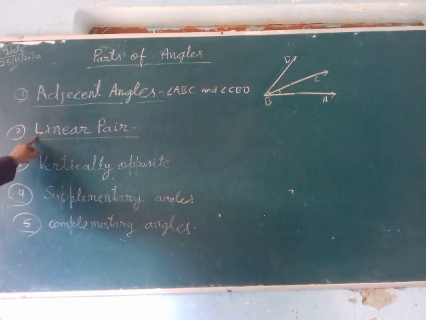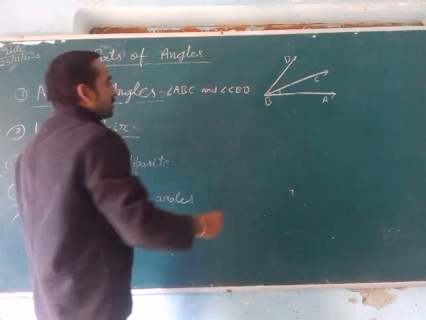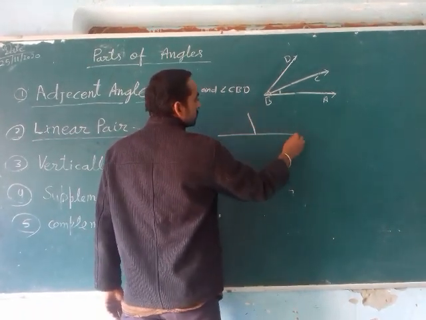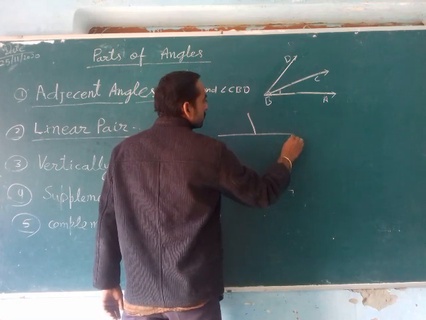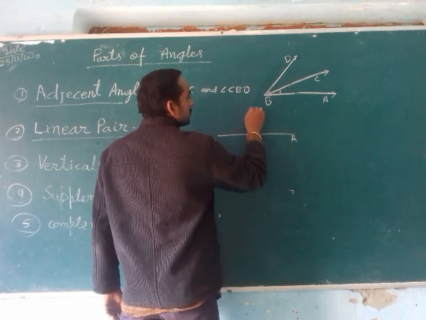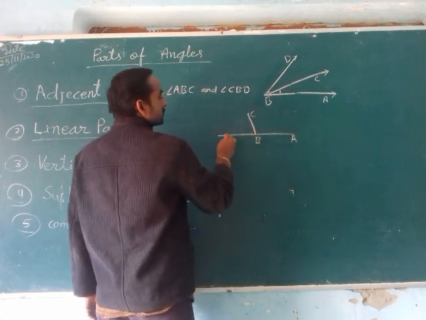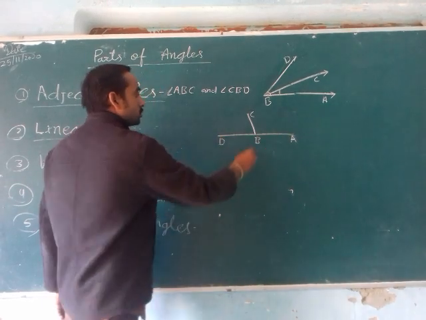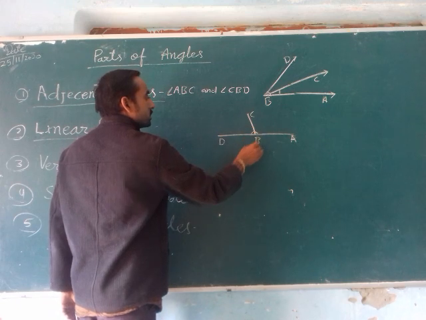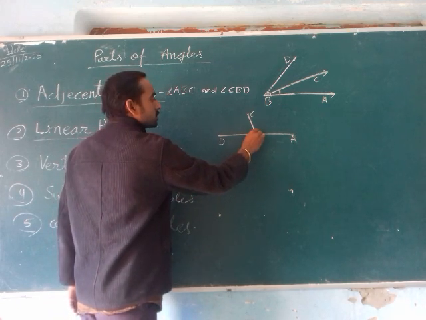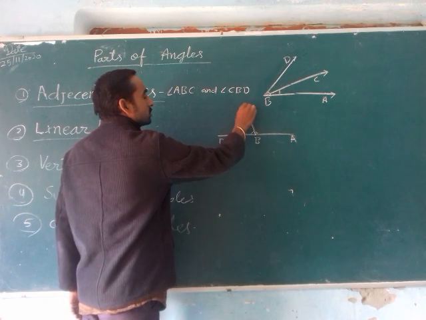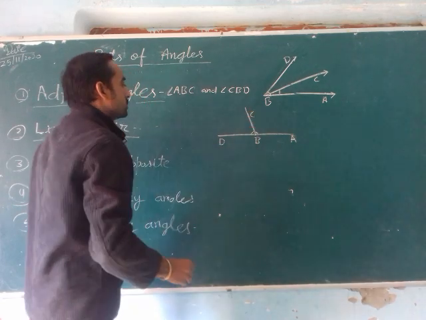And the next point is linear pair. When two adjacent angles make 180 degrees, suppose this is angle A, B, C and this is D. So we have two angles here. This is the common vertex and this is the common arm.